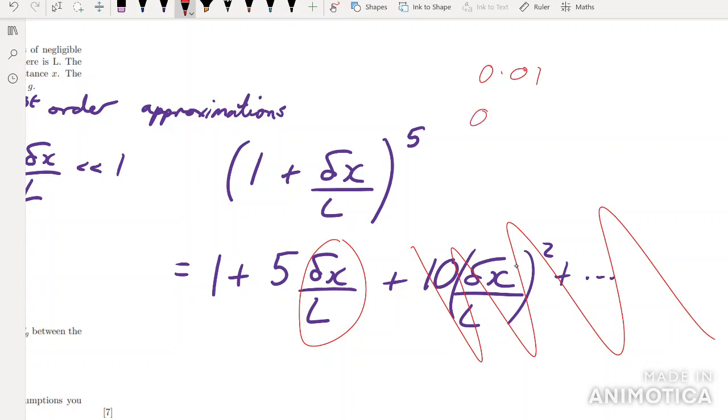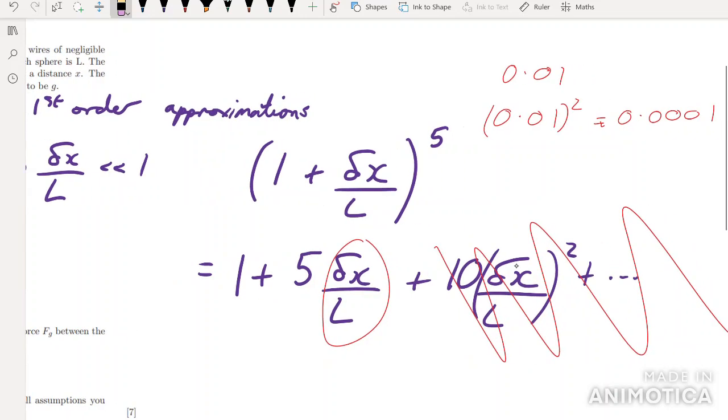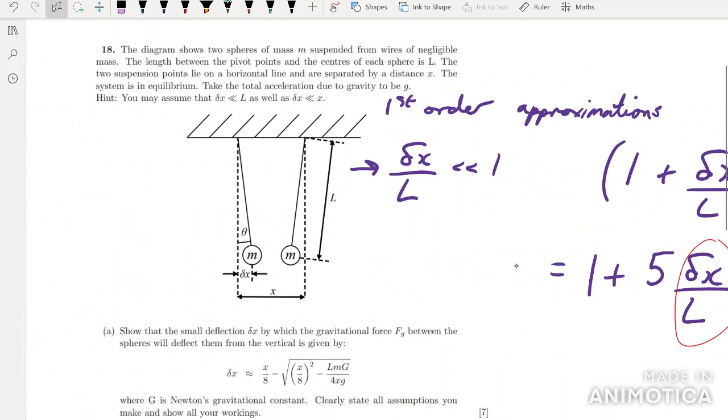But any higher order terms, 0.01 squared for example, is 0.0001. Point being, it's much, much smaller and therefore irrelevant. So that's what you need to know for this question.